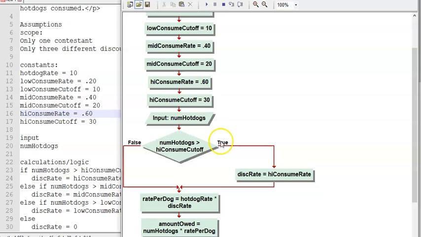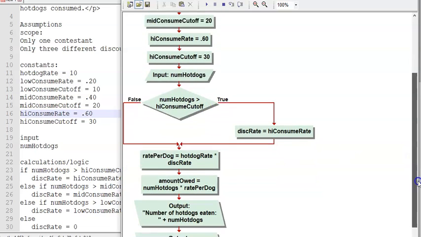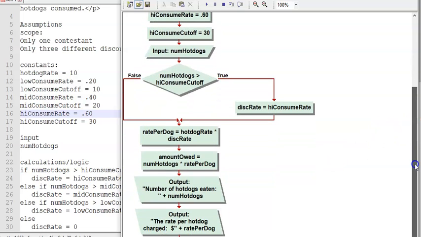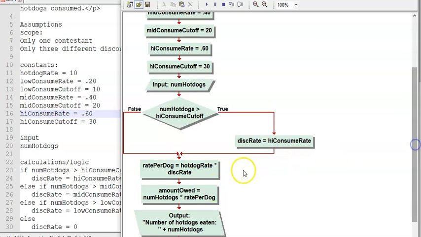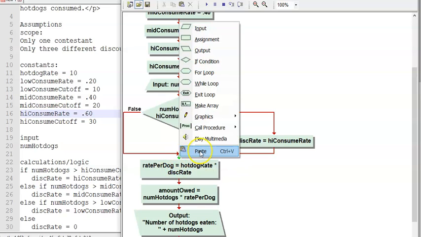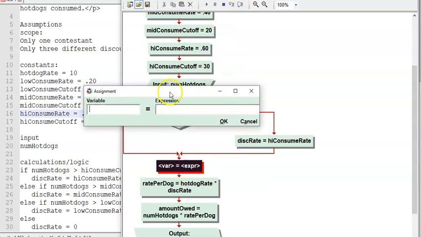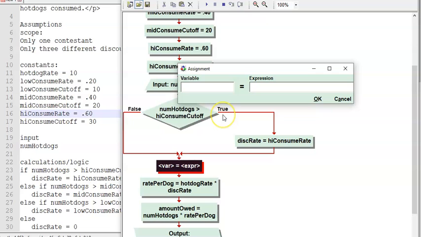So we have a problem with our math, and that's because the 60% is the discount, and all we're doing is figuring out what 60% of it is. So one thing we can do is we can add another piece of math before we figure out what the hot dog rate is. So let's go ahead and do another assignment. And the math we're going to say is that the disk rate, look at me typing.